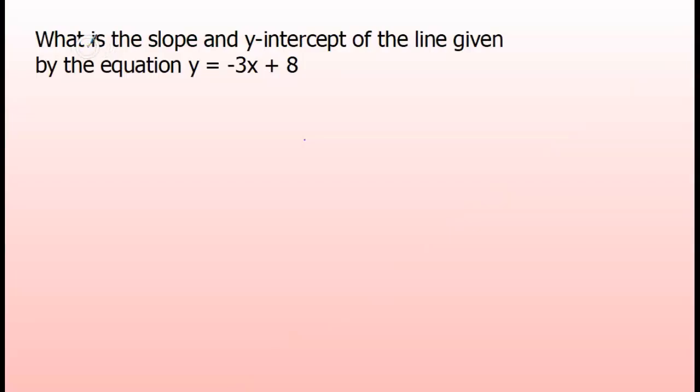Here they have asked what is the slope and the y-intercept of the line given by this equation. So here we will write y equals mx plus b, or c, depending. Those in Europe, Africa, India, China, they will be using c. But all mean the same, as I've been saying.